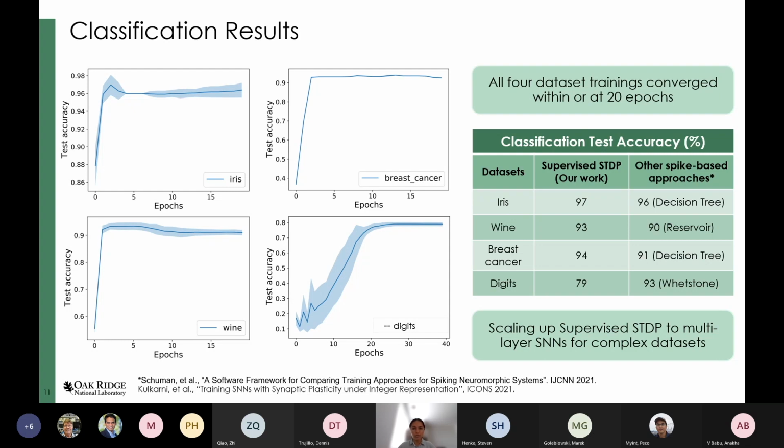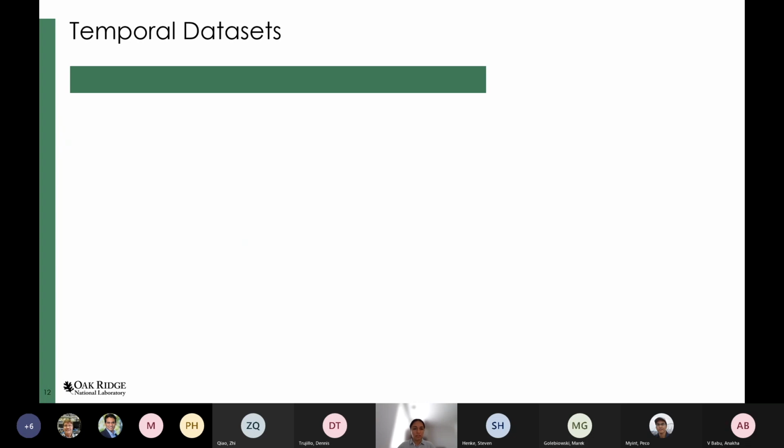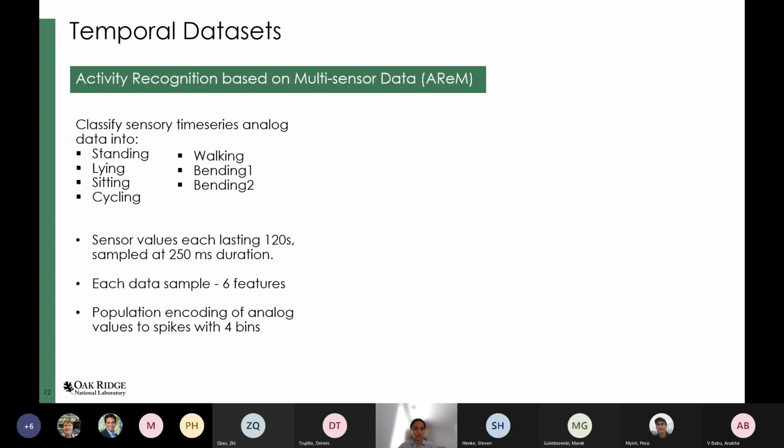And these are all the static classification data sets that we used. In addition to that, we also looked at some temporal data sets where every input sample is present for a certain number of time steps. One of the data sets, again from the UCI database, was the activity recognition data.